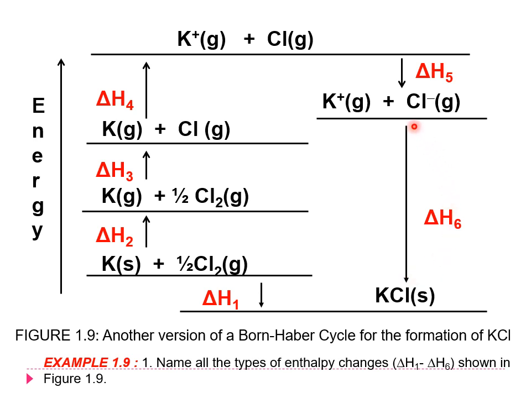The bigger or the larger the lattice energy, the more stable the compound is. So it will go from here straight down where it comes from. So this is a Born-Haber cycle rearranged and put in terms of energy cycle, energy level diagram.